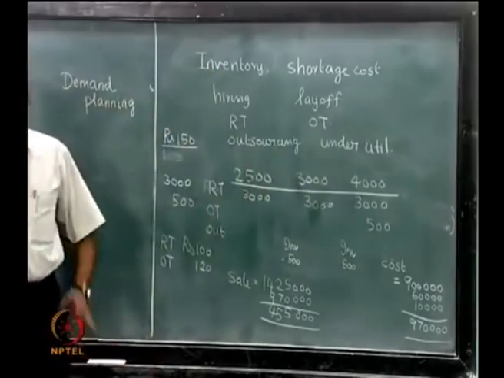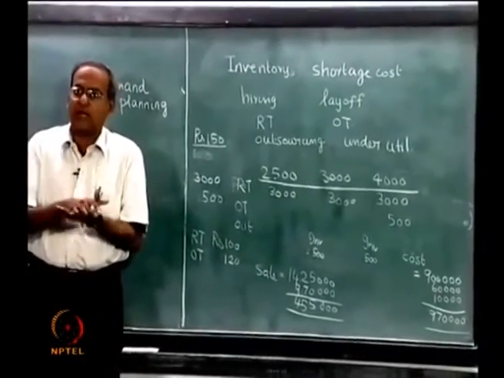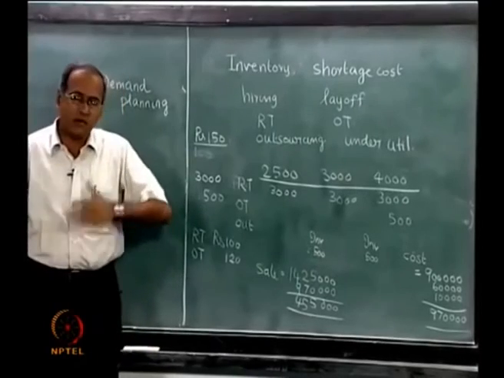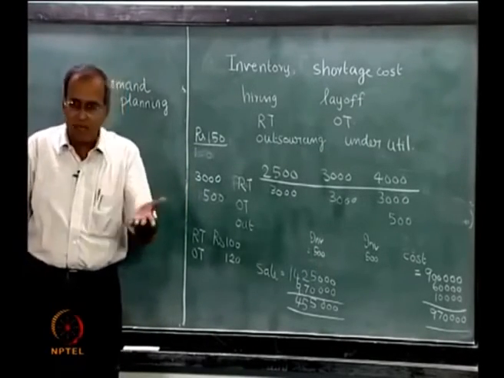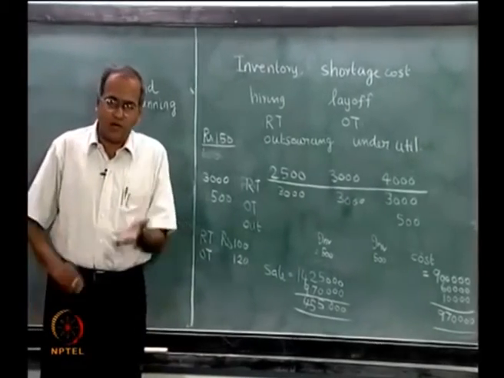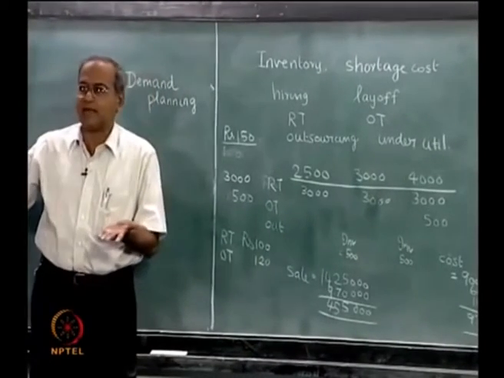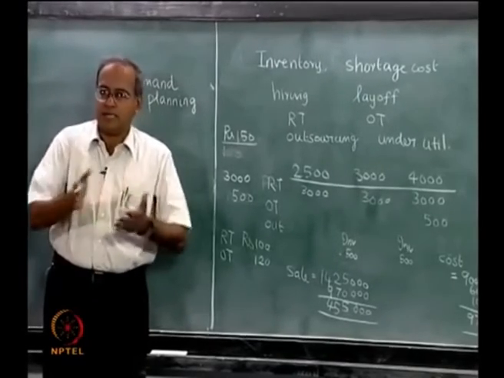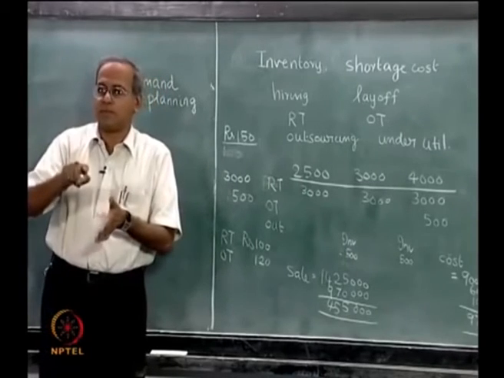But what organizations try to do is also to have different ways by which they can adjust this demand. That is called demand planning. And how do they do that? They do that by giving some price discounts. When off season discounts are given during the lean period, the demand which is going to happen later in a peak period is spread out evenly, so that the demand during the lean period also goes up.